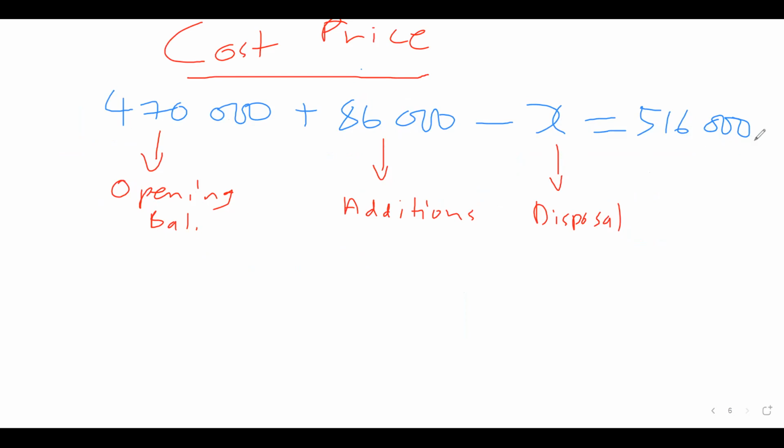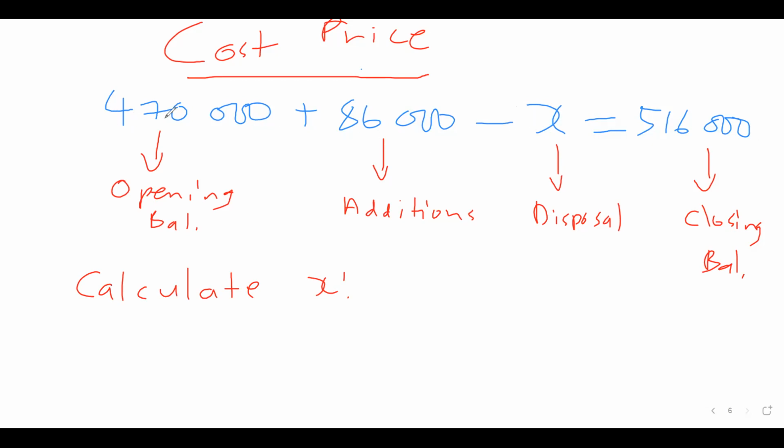But now we are sitting with a closing balance of equipment at the end of the year of 516. So can we do the calculation now? If I want to calculate the value X, I make X the subject of the formula. Does it make sense? Yes.